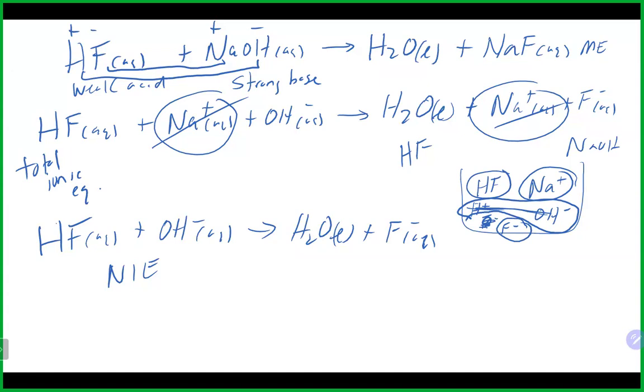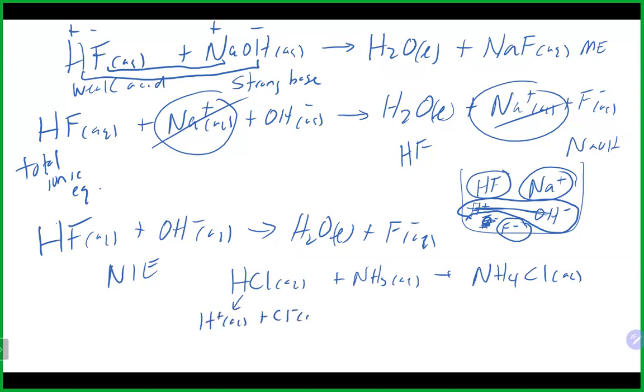So if you did something like hydrochloric acid, which is a strong acid, plus ammonia, that's going to make some ammonium chloride basically when this comes together. And in this case, we would break apart this guy into those two.